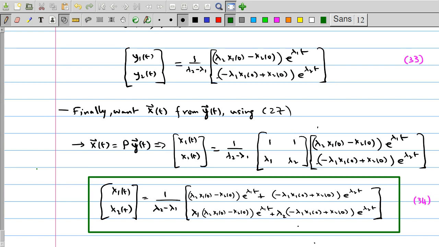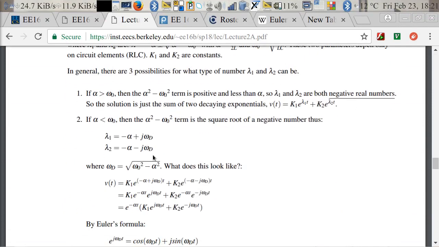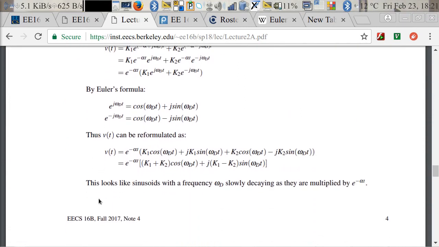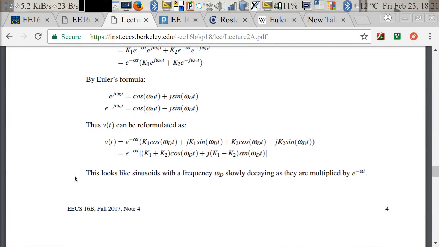All right. Now let's take a look back at that document and see whether anything looks similar. This is a solution for anything, whether lambda 1 is real or whatever it is. We just have to look at the complex case and simplify it a little bit. Just make sure that this j doesn't arise.